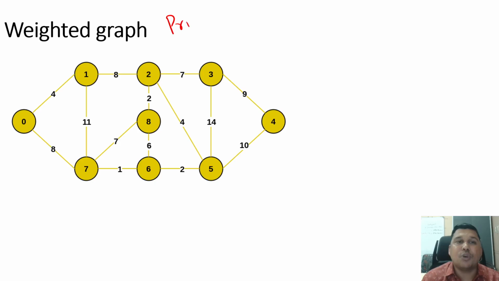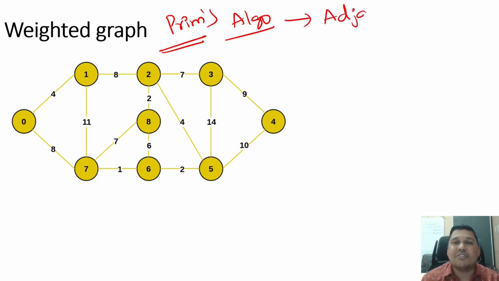So I am applying Prim's algorithm now. Prim's algorithm says that always choose the minimum cost adjacent vertex. If you go back to the definition, a spanning tree is a subgraph of the given graph G which has all the vertices and it should be connected.